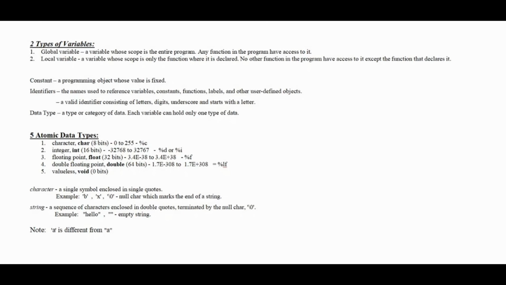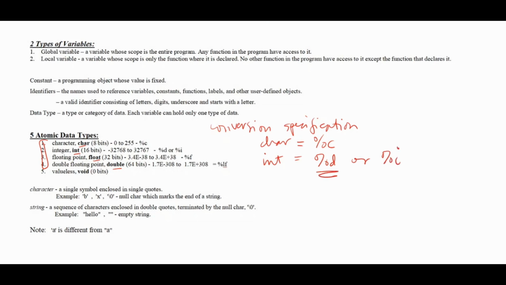Now again, remember, for these four types, character, integer, float, and double, the conversion specification for character is %c. For integer, it is %d or %i. This is commonly used. This one is not commonly used. And for float, it is %f. And for double, it is %lf.